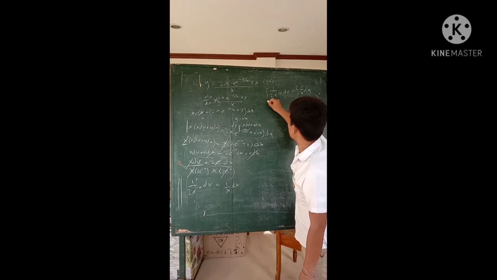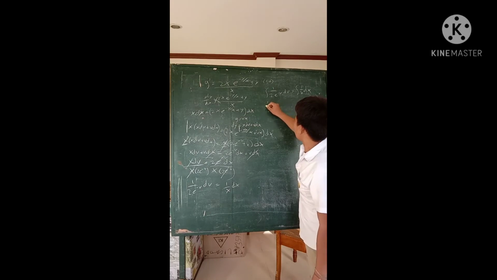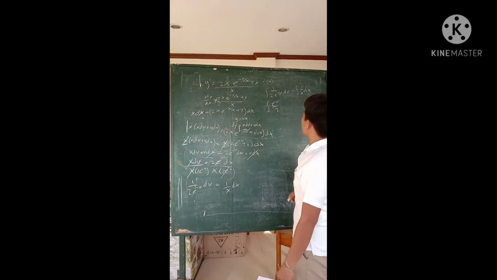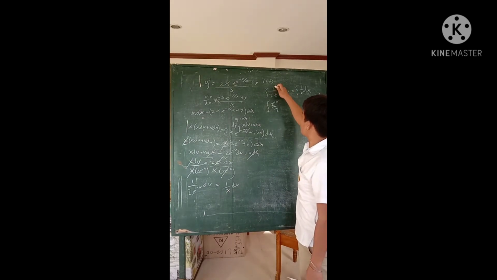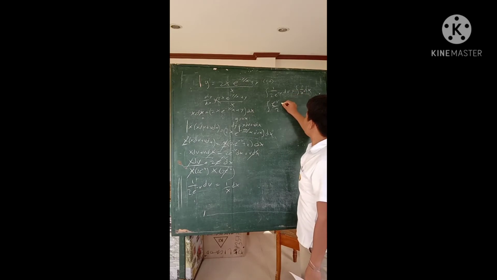So one half of the integral of e to the v dv, since the negative sign in the exponent can be changed into positive when moved up, equals the integral of 1 over x dx.